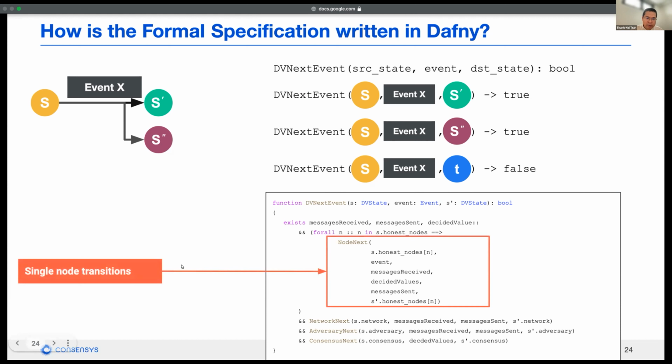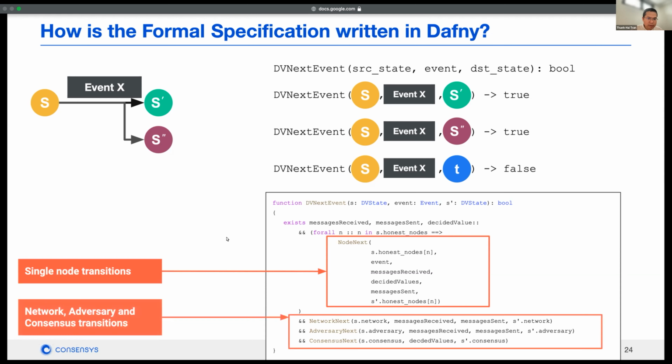Now let's look at the Dafny code. So the first thing we have is a transition for each node. This is the predicate node next. And we have three more predicates to represent the transitions for network, adversary, and consensus. And the conjunction of these predicates represents a transition of the global system.